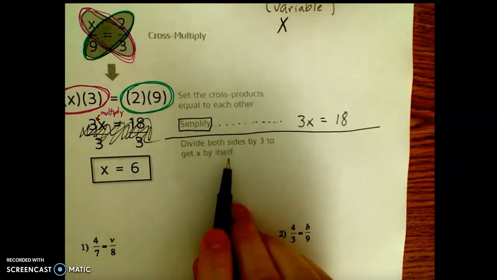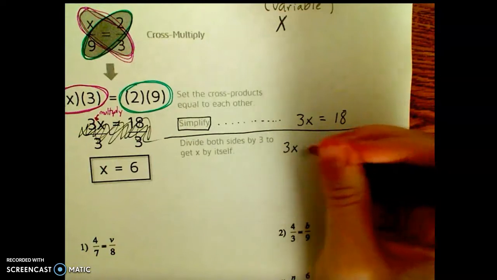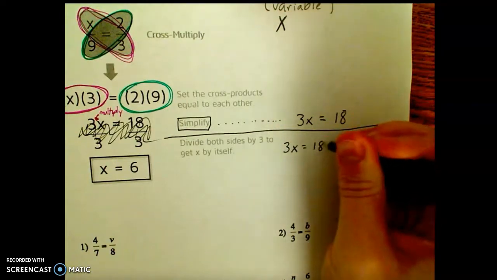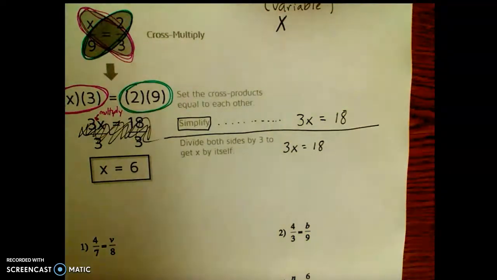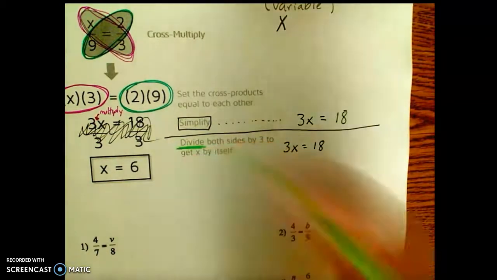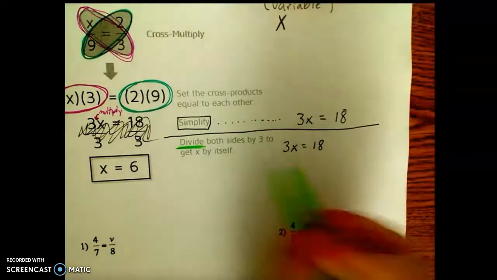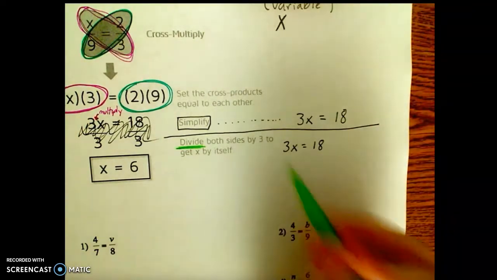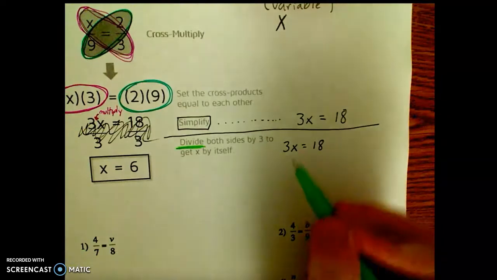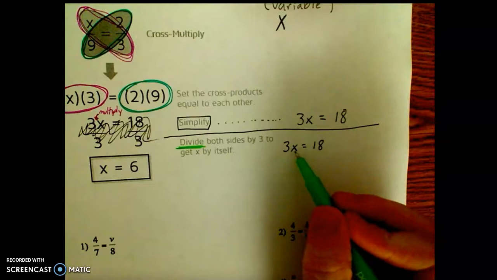Now the second step, I'm going to rewrite my problem right here. Now I'm going to divide, okay? We are going to be dividing both sides by the 3. Now, why are we doing that? Because we're doing the opposite of multiplication.